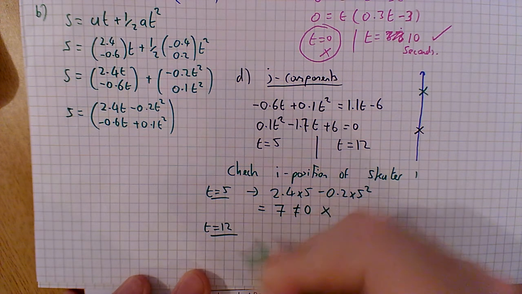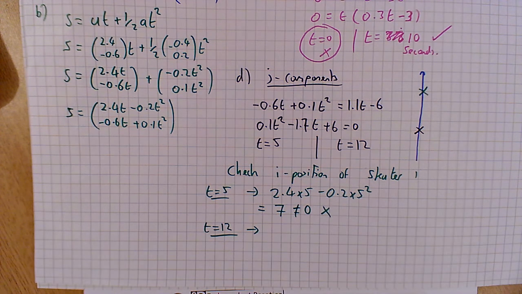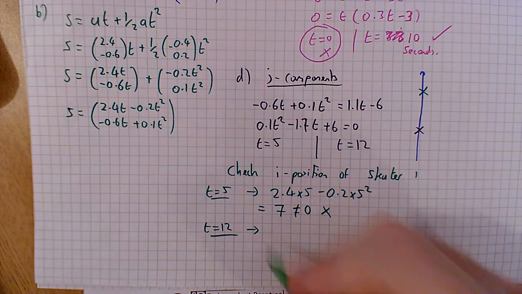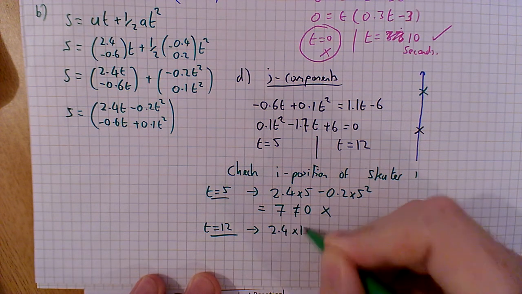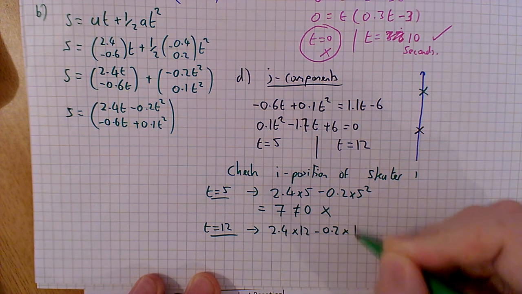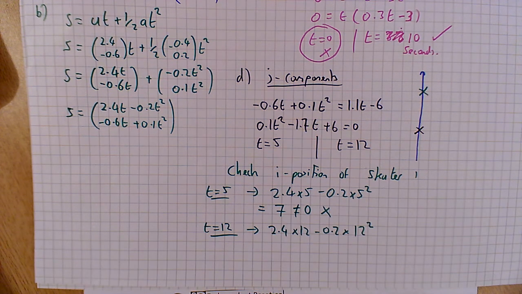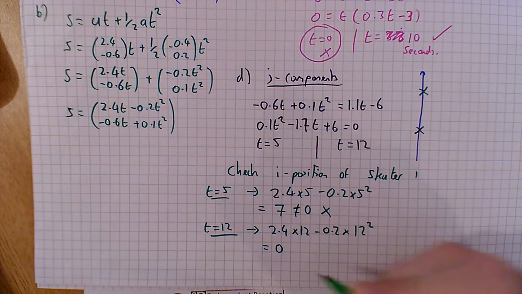t equals 12, we're going to pop that in as well. Same thing: 2.4 times 12 minus 0.2 times 12 squared. And we get this is equal to 0. So that means they are in exactly the same location.